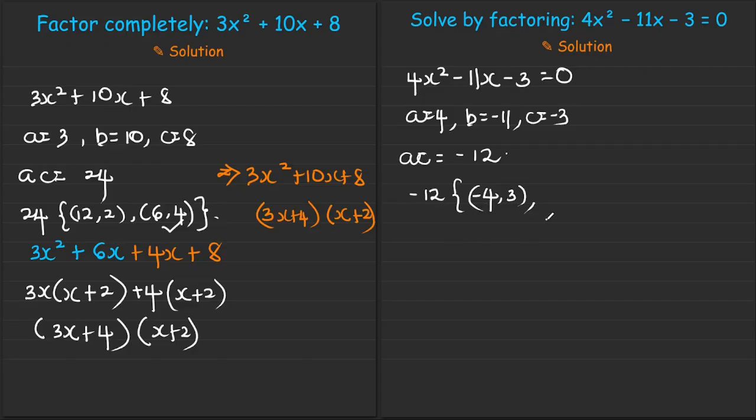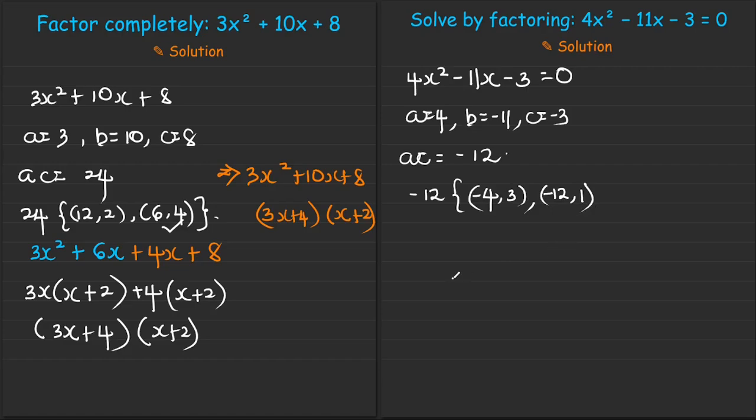For negative 12, for instance, if I pick negative 12 times 1, negative 12 times 1 gives us negative 12. And if you have to add negative 12 to 1, what do we get? We get a negative 11. So we can easily use this over here.